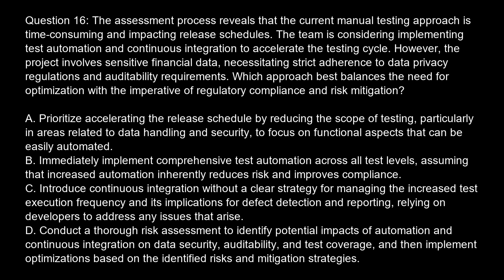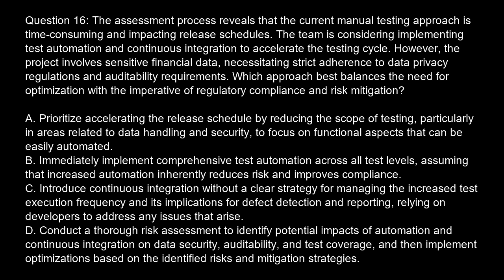Option A. Prioritize accelerating the release schedule by reducing the scope of testing, particularly in areas related to data handling and security, to focus on functional aspects that can be easily automated. Option B. Immediately implement comprehensive test automation across all test levels, assuming that increased automation inherently reduces risk and improves compliance.